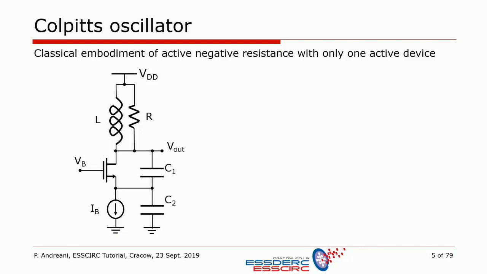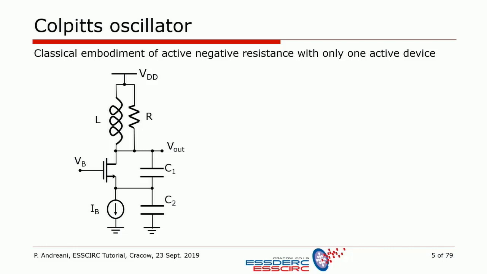So this was invented by an engineer named Colpitts around 100 years ago, and it is a very beautiful construction. It basically needs only one active component if we, for the time being, disregard the way we implement the ideal current source between source and ground.